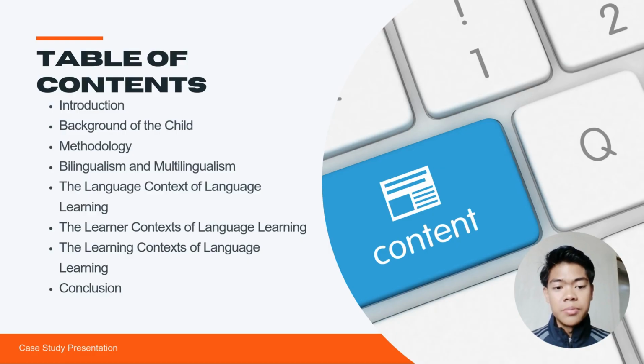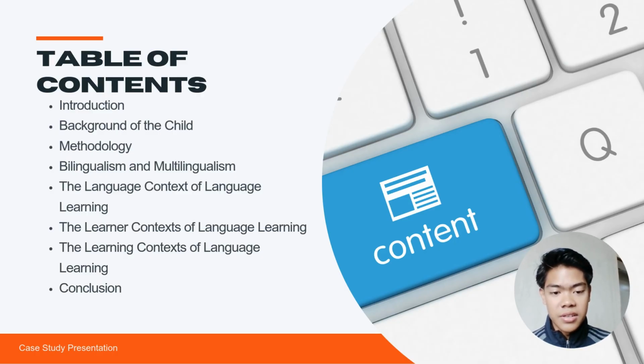And then I will also be explaining the background of the child that I have interviewed for this case analysis, and also the methodology, which is how I conducted this case interview, how I gathered my information, and what kind of sources I used. I will also explain briefly about bilingualism and multilingualism, and go in depth on these two topics within the child.